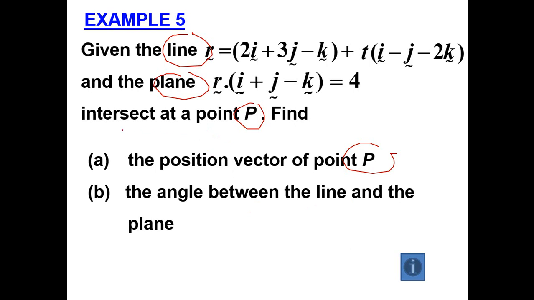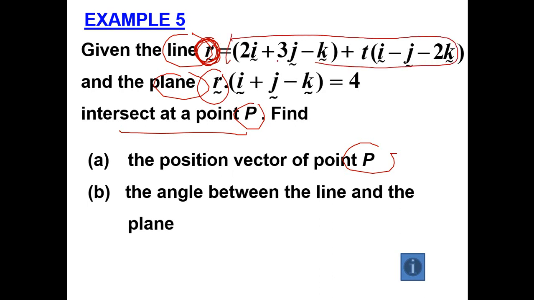If you want to find the point of intersection between two lines, or a line and a plane, we need to substitute one into the other. Here the line has r, and here also r. So you can substitute r from the line into this r, because r consists of components i, j, k.